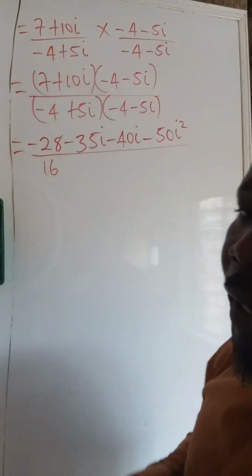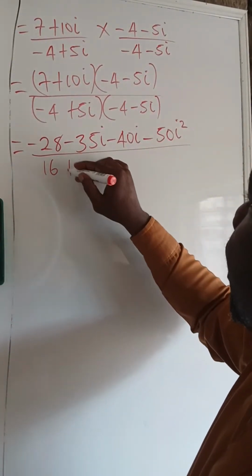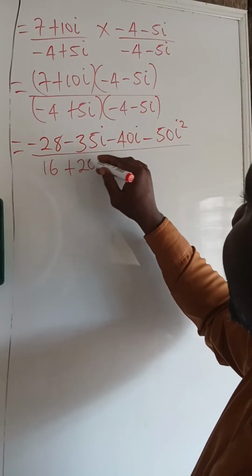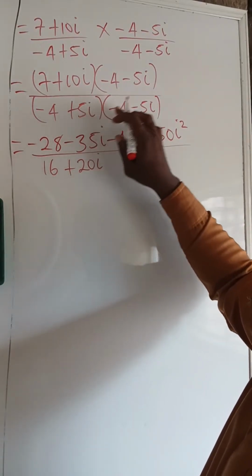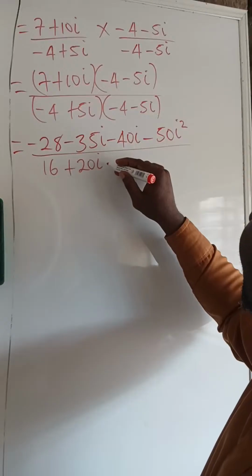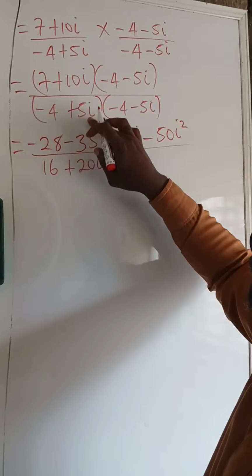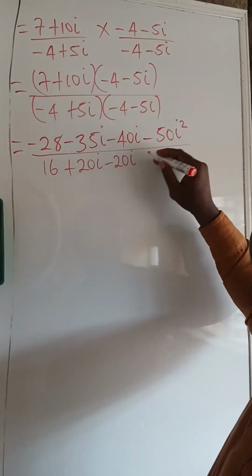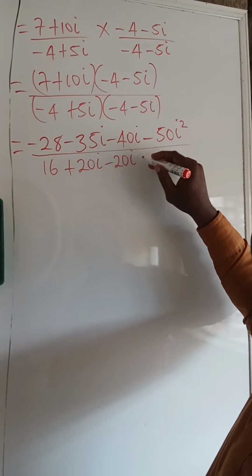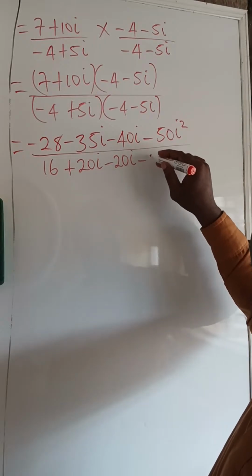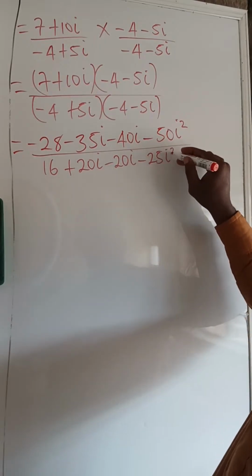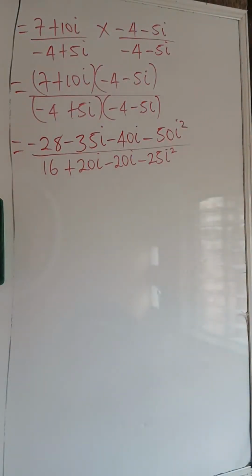Minus 4 times 5i is minus 20i, plus 5i times minus 4, minus 20i, then plus 5i times minus 5i, you are going to have minus 25i squared. True or false? It's true, right?